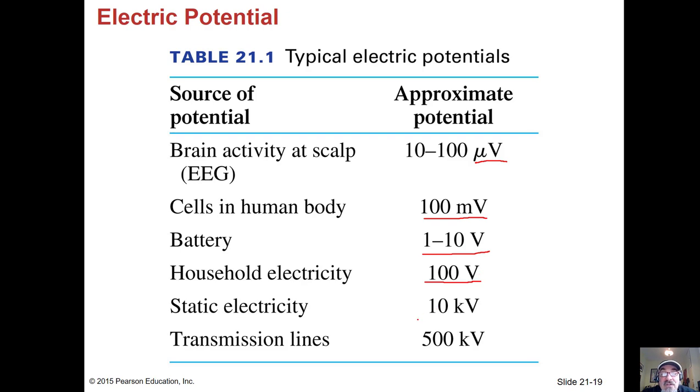Static electricity, you can build all the way up to 10 kilovolts. Where would that happen? Maybe if you had a thunderstorm going on, lightning, or transmission lines, all the way up to 500 kilovolts, so 500 times 10 to the third volts. Just so you have an idea of the different scale here.